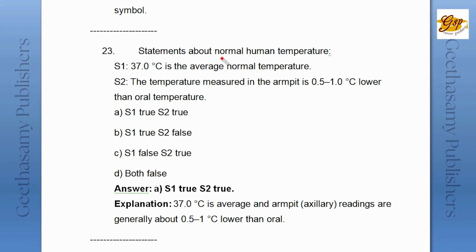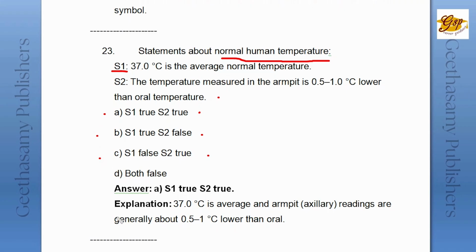23rd question. Statements about the normal human temperature. Statement 1. 37 degrees is an average normal temperature. Statement 2. The temperature measured in the armpit is 0.5 to 1 degree centigrade lower than this temperature. S1 true, S2 true; statement 1 true, statement 2 false; S1 false, S2 true; both are false.